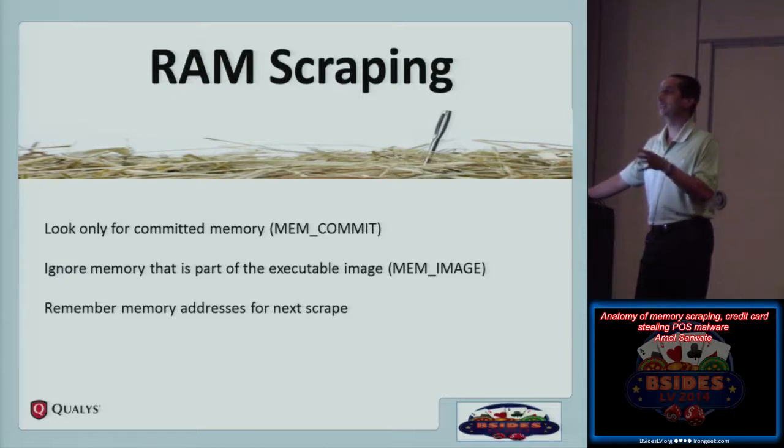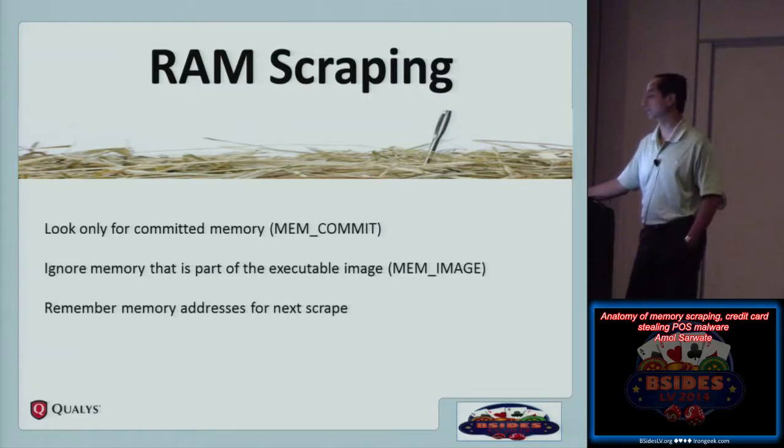So there is a good chance that if you find a credit card number for one customer at a certain memory location, when the next customer swipes his or her card, the POS process and the OS allocate buffers and variables around the same virtual addresses. So these are some of the optimizations that would help any malware to find this needle in the haystack, which is the 16-digit credit card number in the entire POS memory.